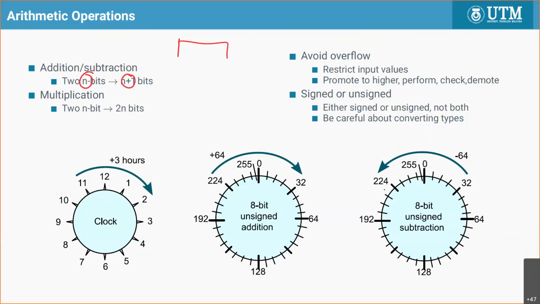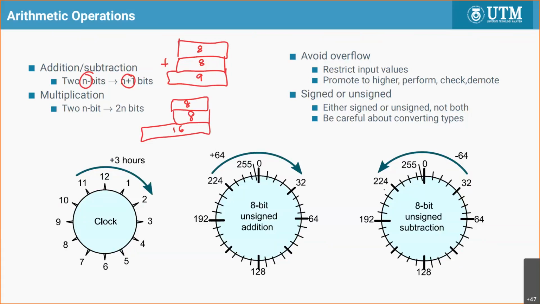So if you have 8 bit plus 8 bit, you must prepare a 9-bit sum to ensure you catch everything. That is for addition. If you multiply, 8 bit times 8 bits, you need to have a 16-bit product to make sure you don't miss anything. So that's what we mean by these two lines here.